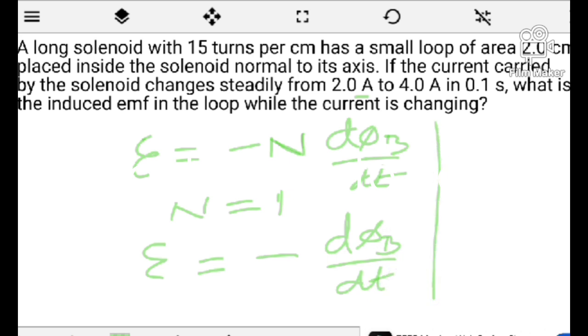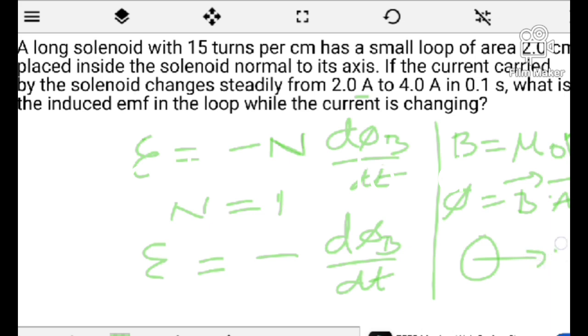What is the magnetic field generated by the solenoid? That is mu naught n i. What is the flux passing through the loop? B bar dot A bar, where A bar is A into n cap, and it is along B bar. Hence, flux equals BA.